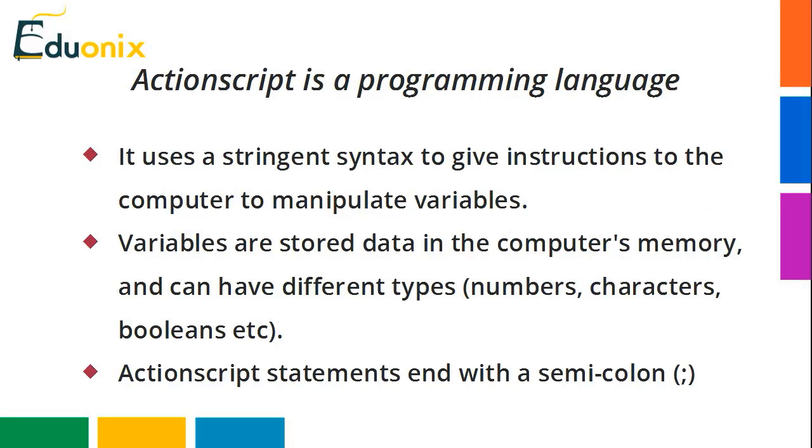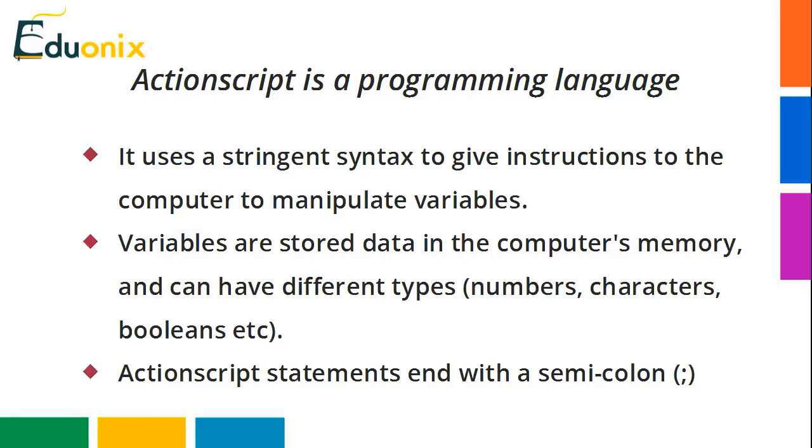ActionScript uses a stringent syntax to give instructions to the computer to manipulate variables. If you don't use the syntax correctly, it will generate errors, and we'll look at debugging errors later in the course. Variables are stored data in the computer's memory and can have different types, including numbers, characters, and booleans.